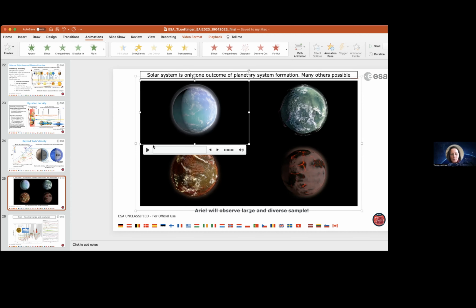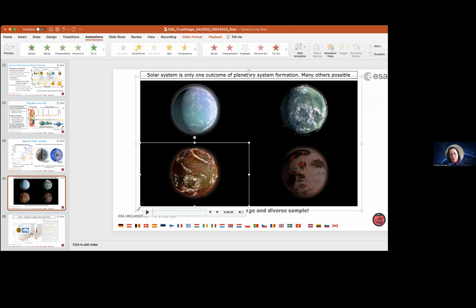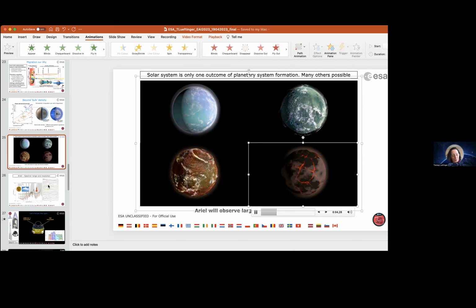I hope the video works. Yes, it does. Or a crust under the atmosphere, maybe with some organic material as well, a magma ocean atmosphere, or a crust under the atmosphere with different surface composition. So that's something we will be able to find out based on the data from the Ariel mission.